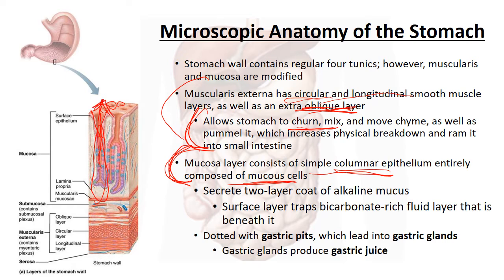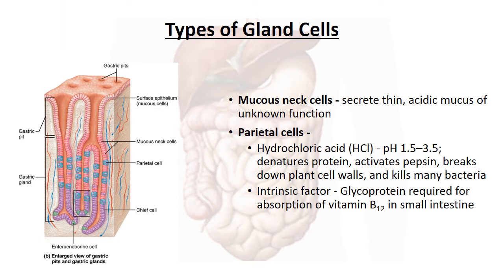Let's talk a little more about those specific glands. The first gland cells are going to be right up here in the neck of this gland. We call these mucous neck cells because they produce mucus. In this case, though, it produces an acidic type of mucus. Next, we have our parietal cells.